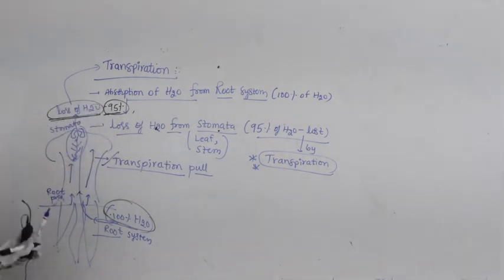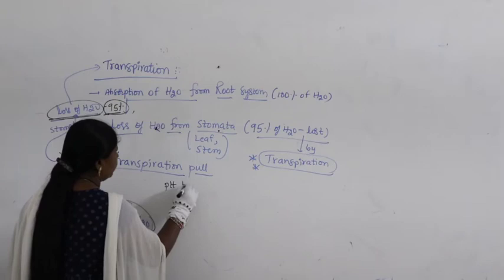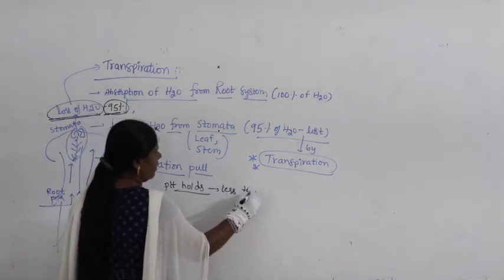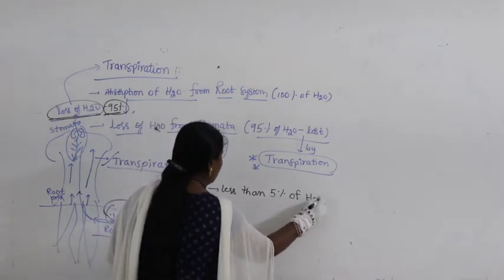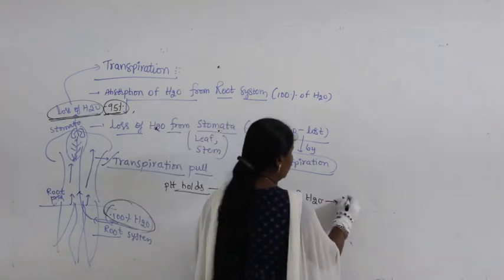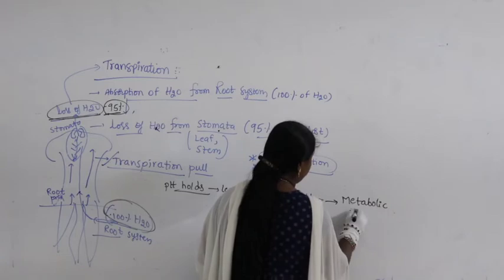Then how much water is held within the plant? Only 5%. The plant holds less than 5% of water, which it utilizes for metabolic processes.